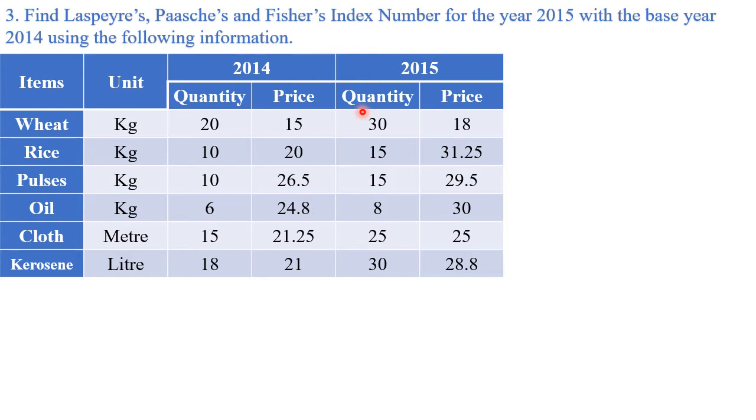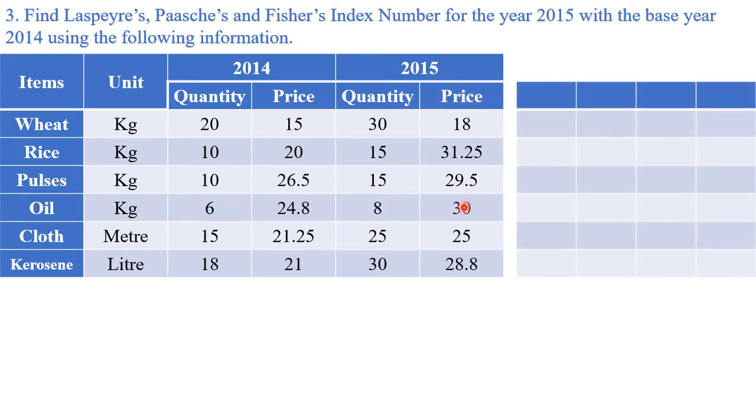But what we need to understand here is that 2014 is the base year, so the base year quantity is Q0, the base year price is P0, the current year quantity, the 2014-15 quantity, is Q1 and the 2015 price is P1.